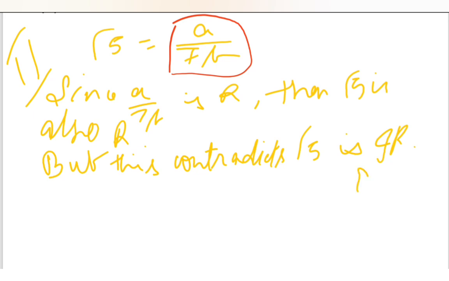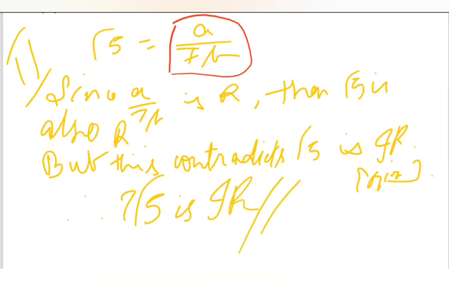This we have proven in the first part given. So therefore 7 root 5 is irrational. So hence proved. Let's go to the next question.